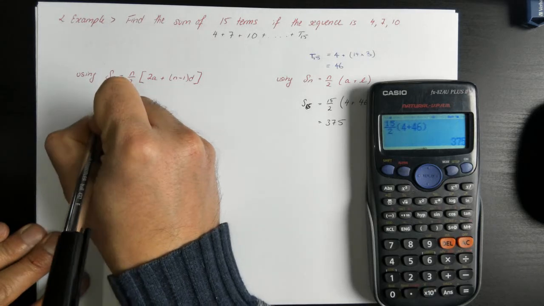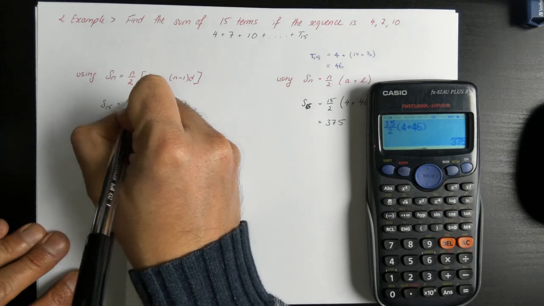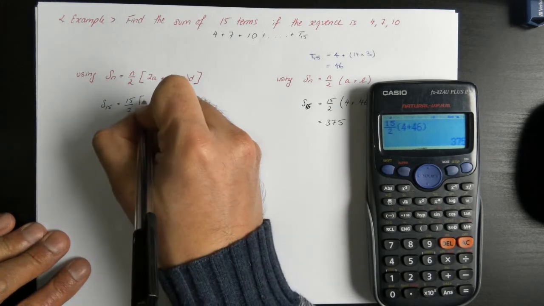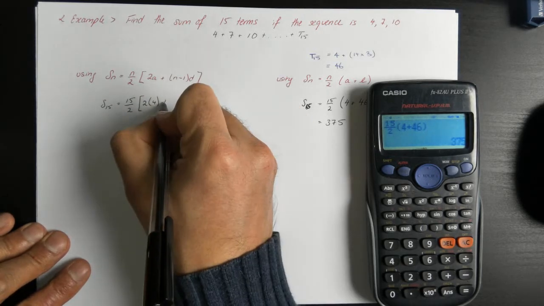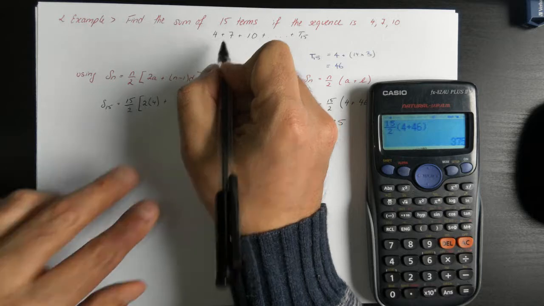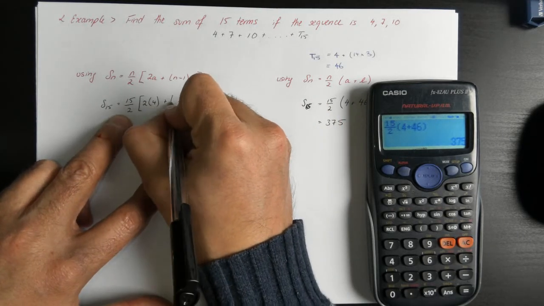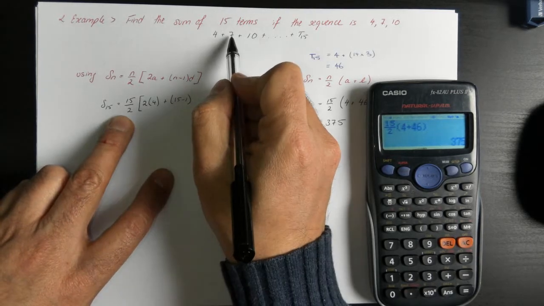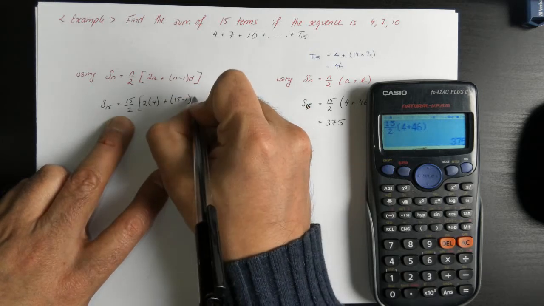Now, let's use this other formula. The sum of the first 15 terms, so n is still 15, so 15 over 2. I'm going to multiply my first term by 2, so 2 times 4. My common difference, I want 15 minus 1, so that's 14, multiplied by my common difference. My common difference is 3, because I'm adding 3.